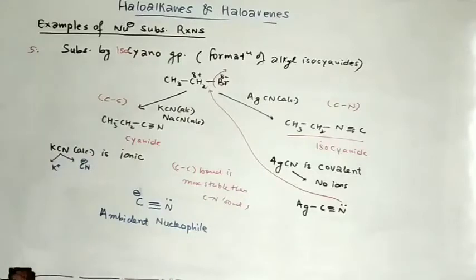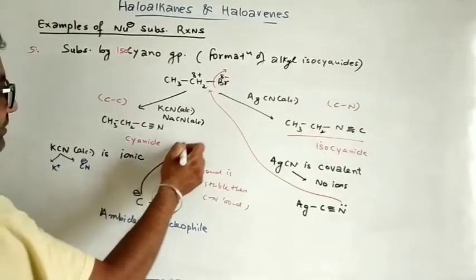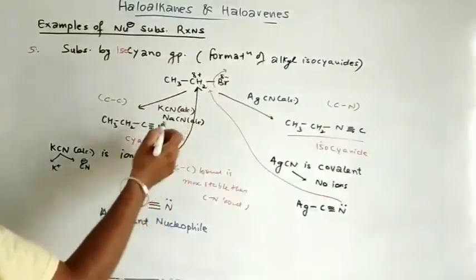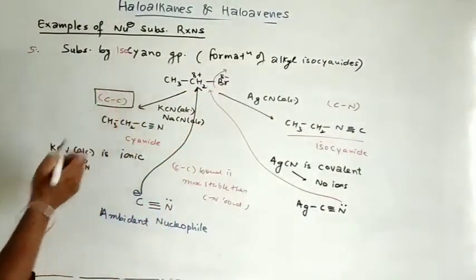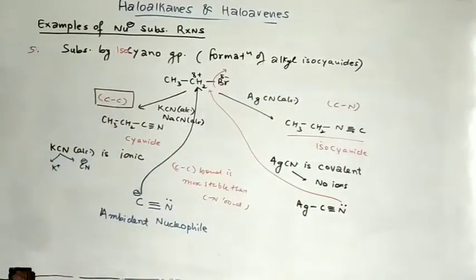So this nucleophile attacks through the carbon. When it attacks through the carbon, the new bond formed will be a carbon-carbon single bond and the product formed will be cyanide. So this is the explanation of this question.